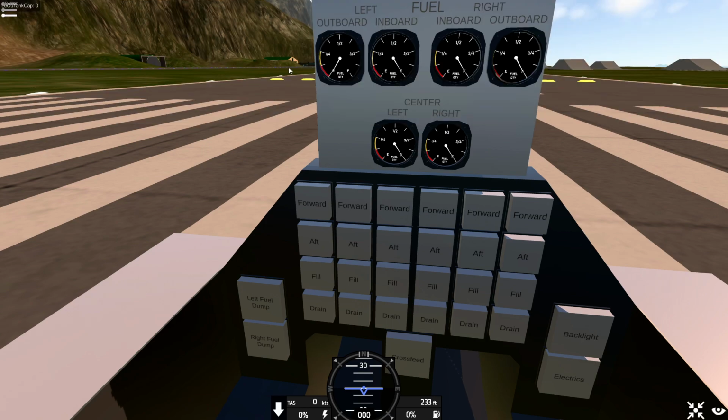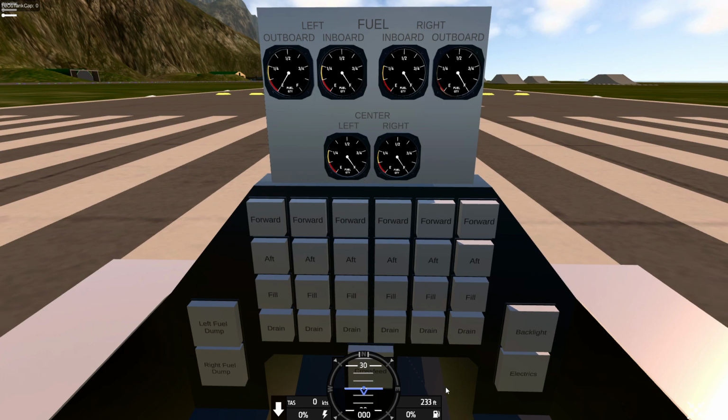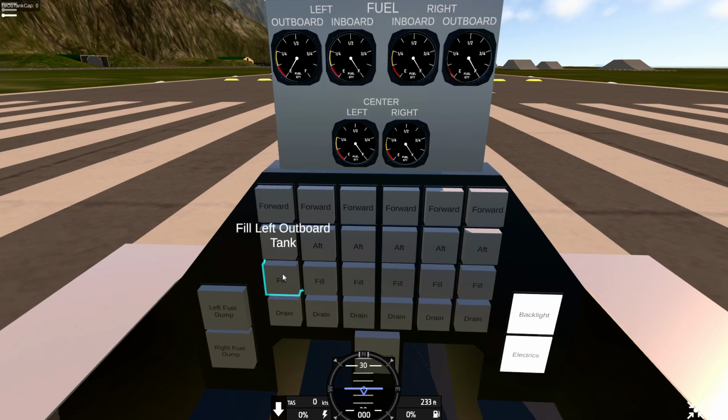You can see it's currently 0 because by default there's no number that's setting it to be anything. And if I just tap the fill button, you can see it's already increasing a lot. And if I increase it even more, you can see the fuel tank instantly fills itself in a few seconds. And this can go on and on to the point where the dials just keep going around forever.